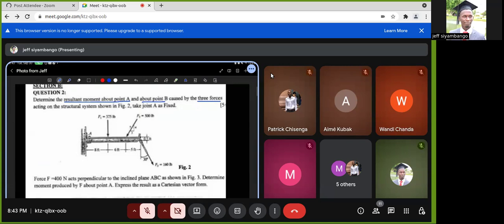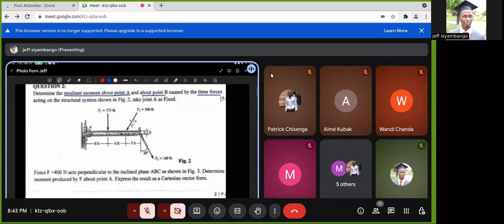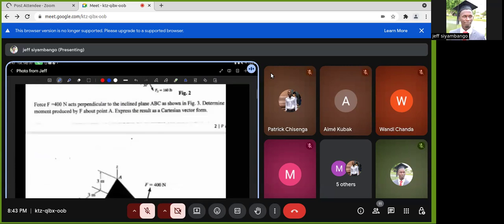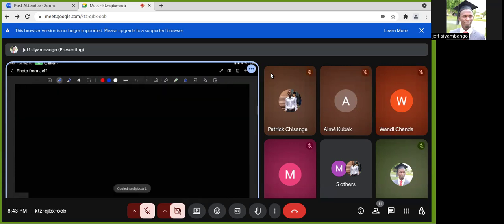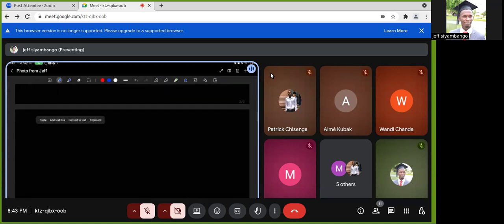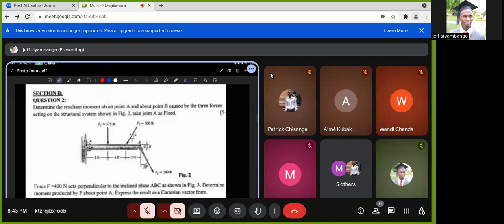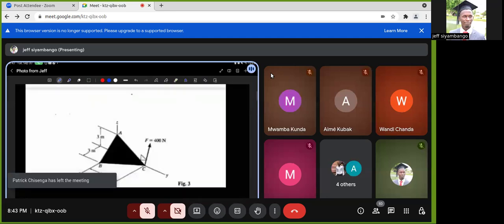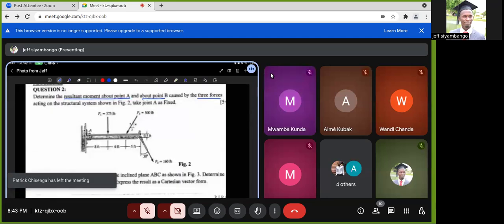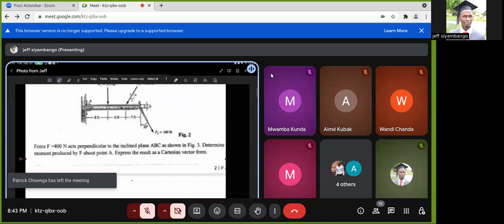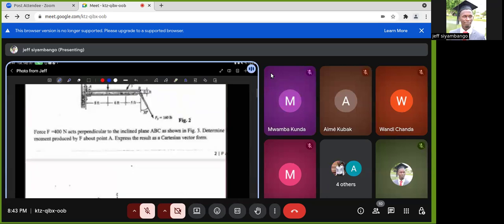So we'll calculate the respective moments due to each force and express them as either clockwise or anti-clockwise. That's basically the approach that we take. Later on in 3D, you'll see that we'll opt to use cross product and we'll express each force in Cartesian vector form.